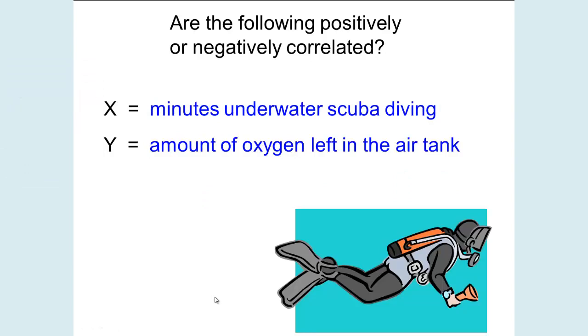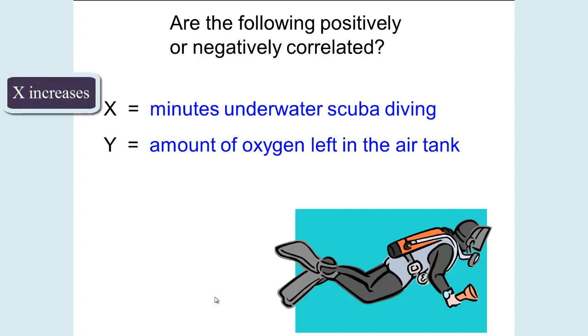Are the following positively or negatively correlated? X is the minutes underwater scuba diving, and Y is the amount of oxygen left in your air tank. So the longer you spend underwater diving, X is increasing, the minutes.